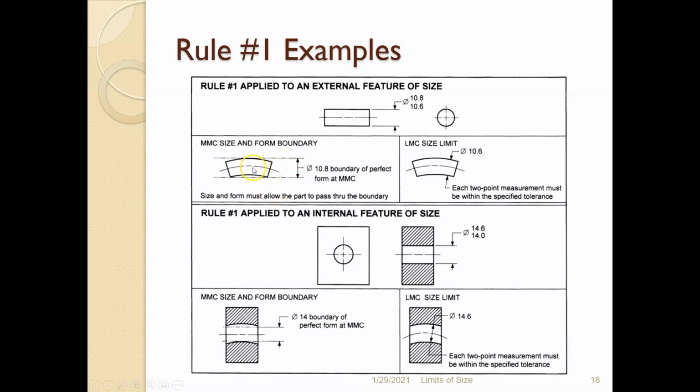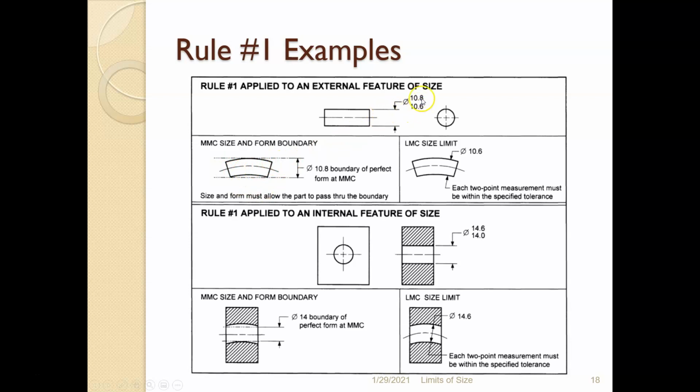Well, if we make the pin at 10.8 millimeters in diameter, and we are trying to fit it through a 10.8 millimeter diameter hole, it can't be bent at all. That pin or shaft has to be perfect in its shape. It has to have perfect form. It cannot bend like this one does.